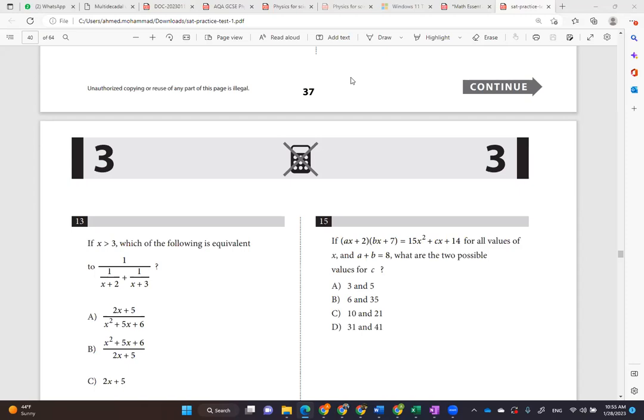Adham said he didn't understand neither this one or the last one. Okay, Adam. Don't worry, I'm gonna explain both to you. Don't worry, guys.